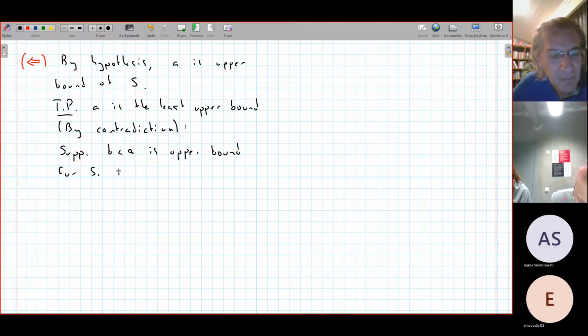To that end, I'm going to define the following number. We let epsilon be equal to A minus B. And you notice that this number is greater than 0.